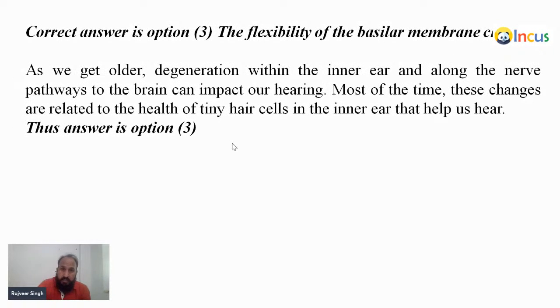If I talk more in favor of this option, as we get older, degenerative changes within the inner ear and along the nerve pathway to the brain can impact our hearing. Most of the time, these changes are related to the health of the tiny hair cells in the inner ear that help us hear. So the answer will be third.